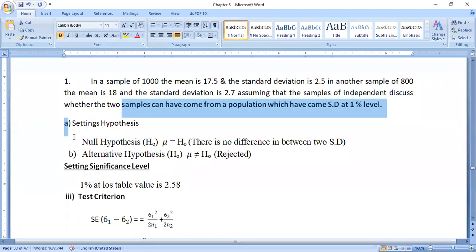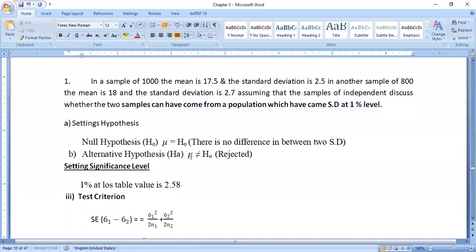A, the null hypothesis H naught; B, the alternate hypothesis H A, which is rejected at 1% LOS, that is the 99% confidence level, and the table value is 2.58. Previously we wrote and solved a number of problems in this way.